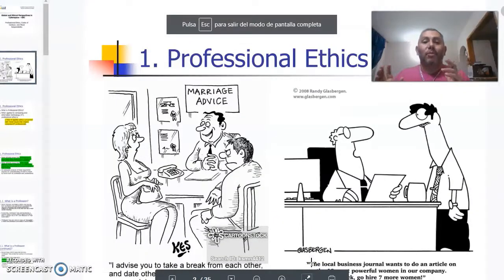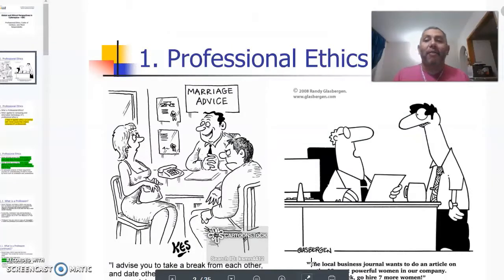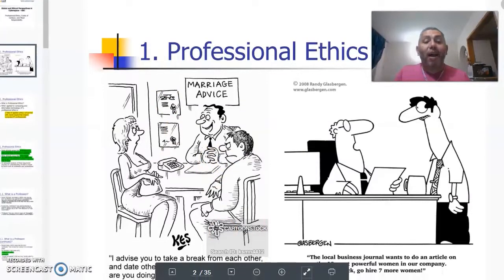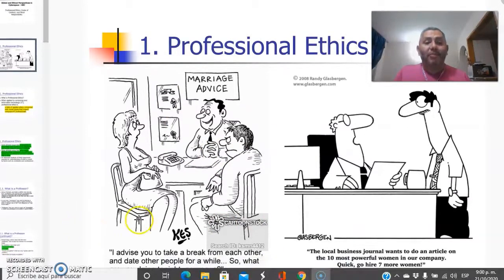two cartoons. On the one hand, you have a situation with two people who are having difficulties in their marriage. They go to a marriage advisor, and you notice what the advisor says. He says, "I advise you to take a break from each other and date other people for a while."